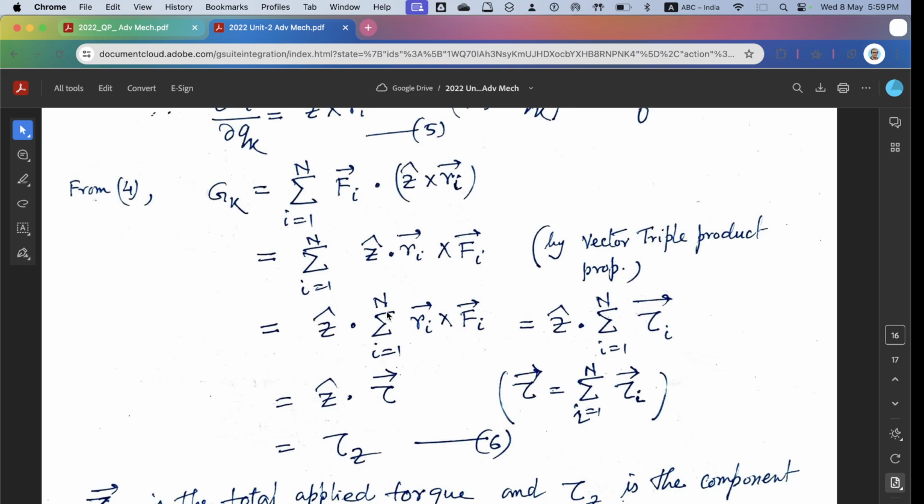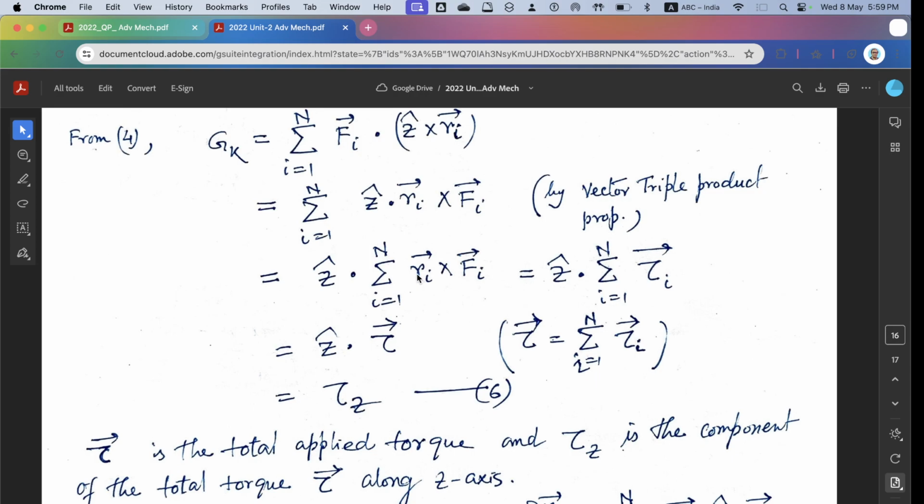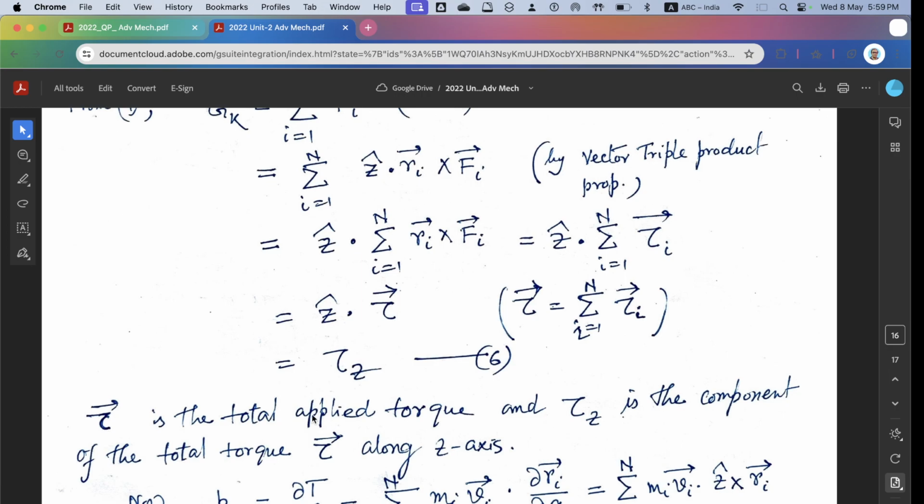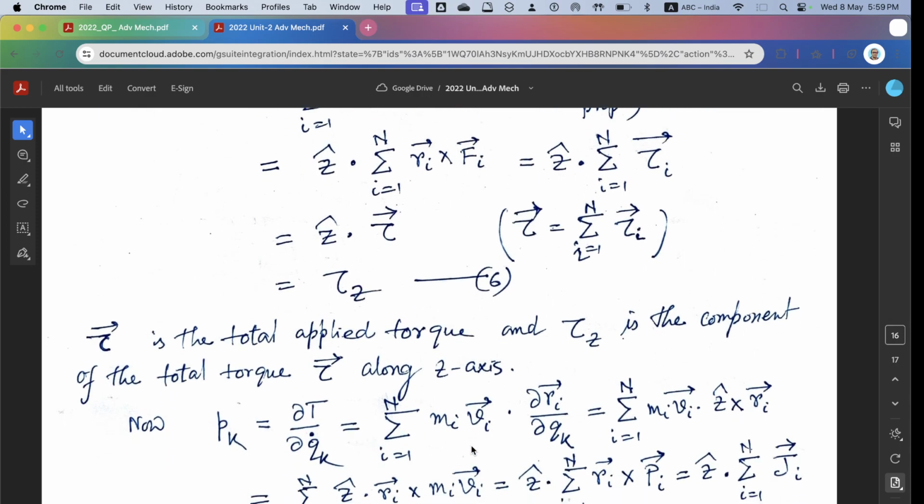So z cap dot summation of ri vector cross fi vector, and this ri cross fi is the tau i vector for the ith particle, and the summation is the total torque. This capital tau is the total torque for the whole system, the total applied torque, and tau z is the component of the torque along the z axis.